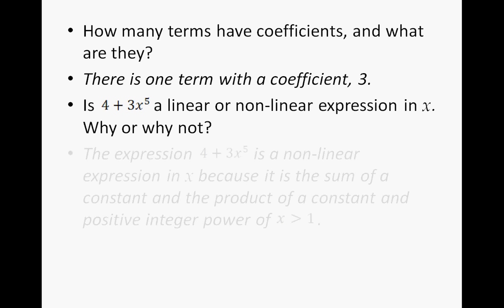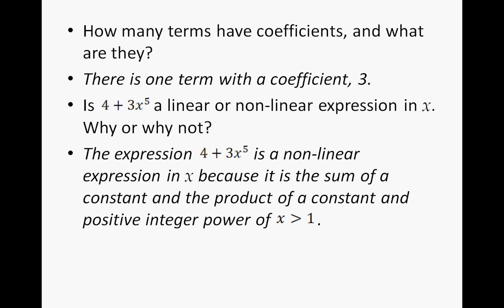Well, it is an expression that is nonlinear because the sum of the constant and the product of a constant and a positive integer is a power of x greater than 1. So we have a sum, we have a constant and a product of a constant. It just so happens that the power is greater than 1, so it is a nonlinear expression.